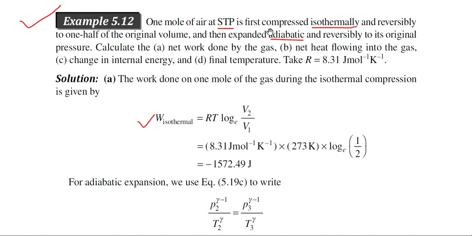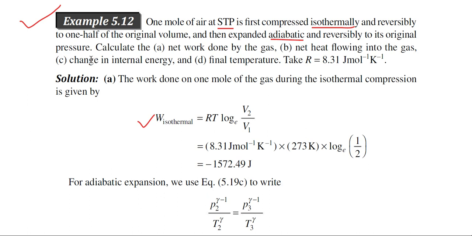So what you are doing, you are compressing that isothermally and reversibly to 1/2 of the original volume. The volume is half of the previous volume, and then expanding adiabatically and reversibly to its original pressure.